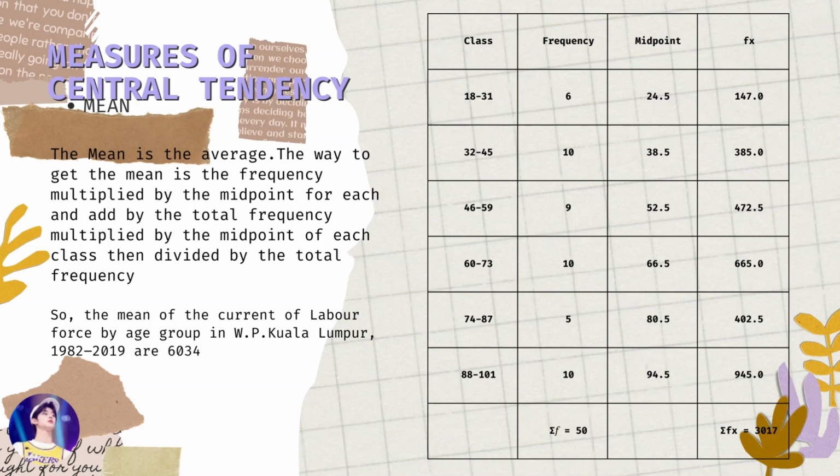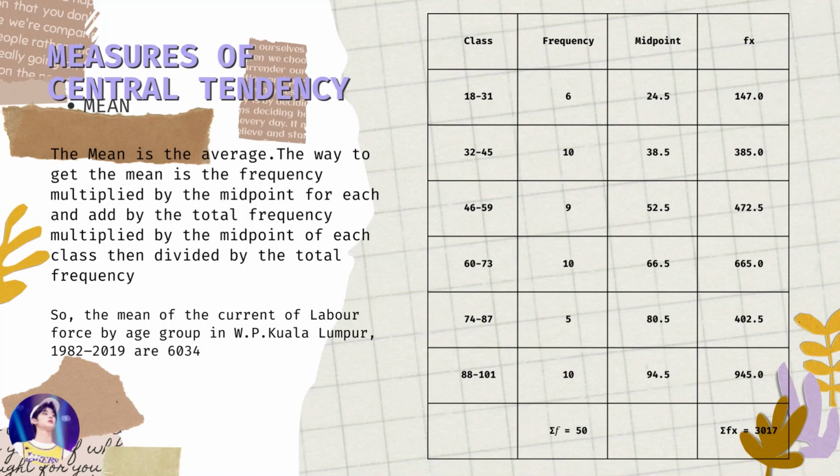I want to explain about measure of central tendency by mean. The mean is the average. The way to get the mean is to multiply the frequency by the midpoint of each class and add them up, then divide by the total frequency.